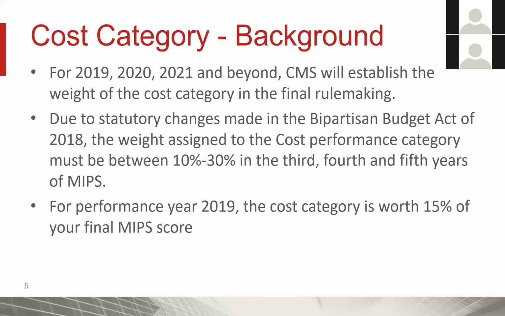Due to statutory changes made in the Bipartisan Budget Act of 2018, the weight assigned to the cost performance category must be between 10 to 30% in the 3rd, 4th, and 5th years of MIPS. In fact, for performance year 2019, the cost category is worth 15% of your final MIPS score. So as you can see, cost will slowly start to potentially increase over time the further along we go in MIPS reporting years.